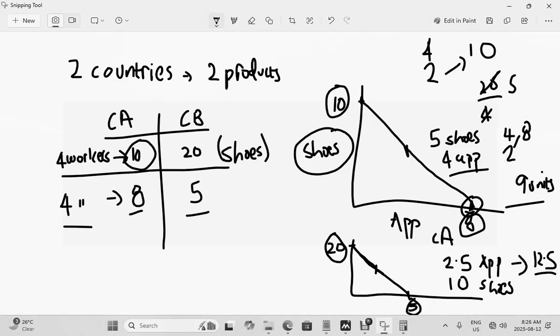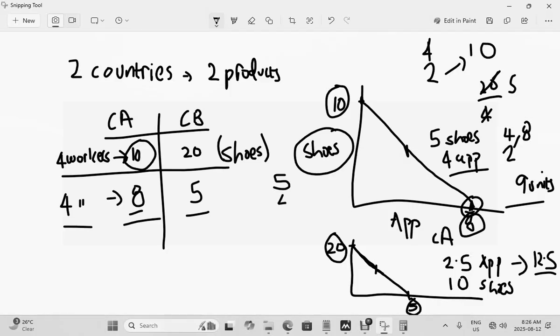All right. And let's say country A decided to invest 2 workers towards producing shoes. So you've got 5 shoes produced by 2 workers, and you've got 4 appliances produced by 2 workers.